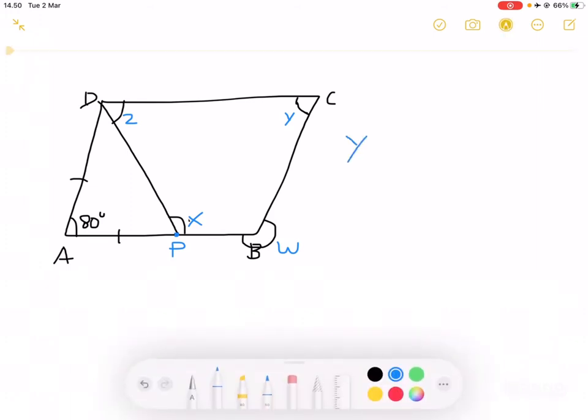That is pretty simple because opposite angles in a parallelogram are equal. By opposite, I mean they face each other. Since Y and 80 degrees must be equal, Y is equal to 80 degrees as well.